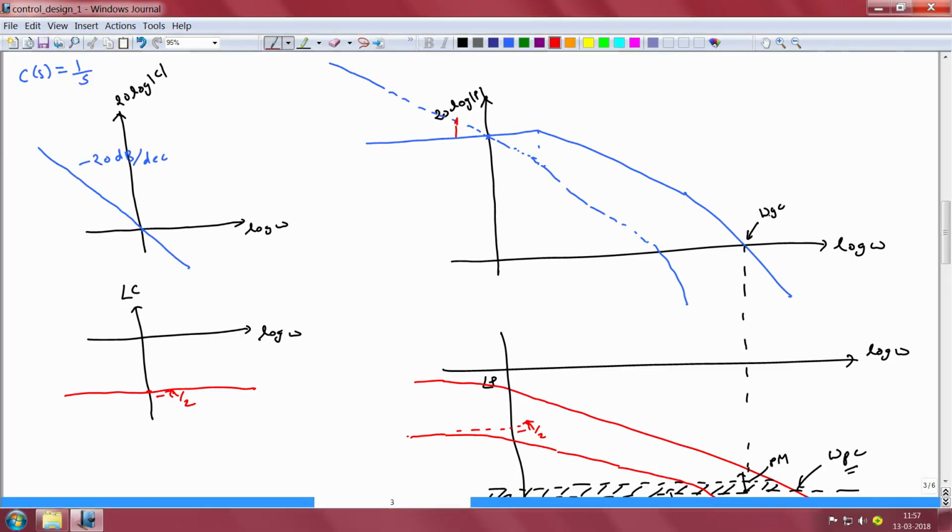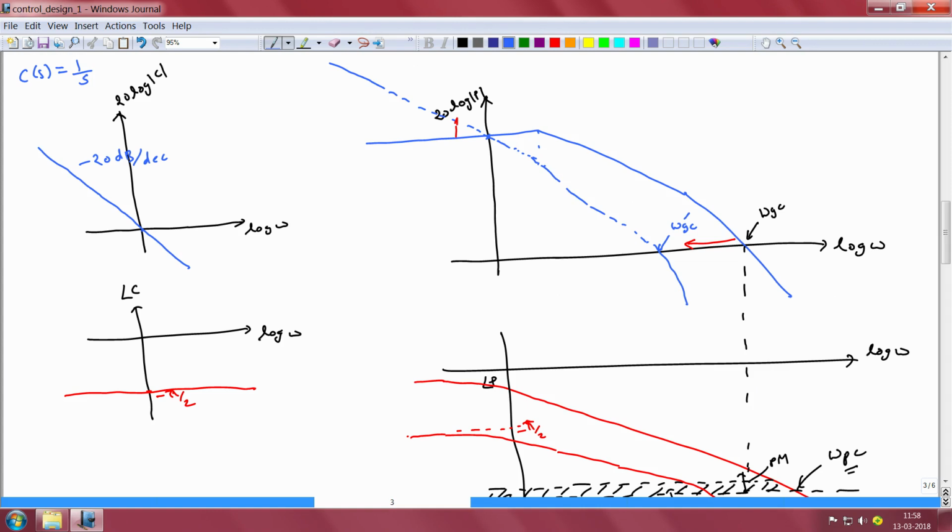We notice that as a result of the magnitude characteristic of the integrator being less than 0 dB beyond omega equal to 1, it attenuates the gain of the plant and then causes the gain crossover frequency to reduce from what it was earlier for the original plant to a new location omega gc prime, which is much less than what it was before.